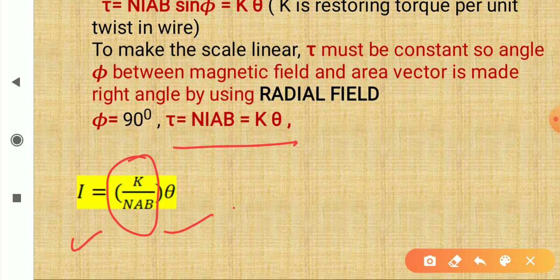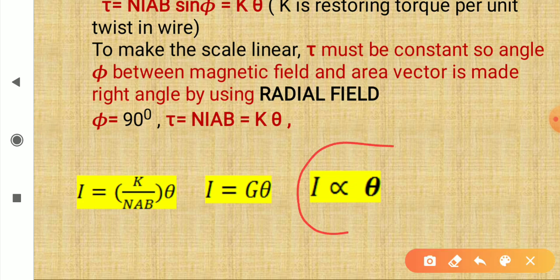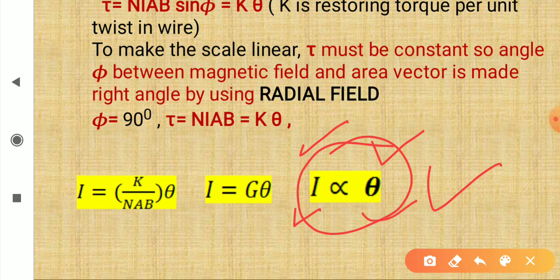So from here I can show that I is equal to G theta, where the constant G is the galvanometer constant, so the current becomes directly proportional to theta. That means the more the current, the more the deflection. When current is doubled, deflection is doubled. This is called a linear scale.